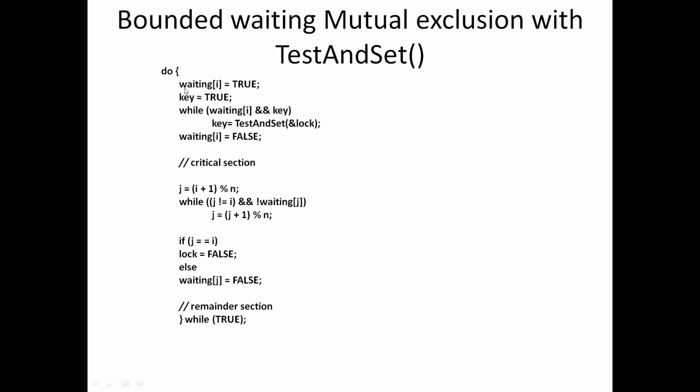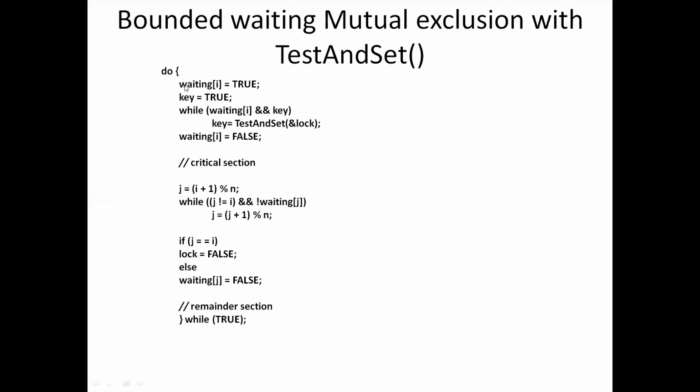In the algorithm, the first statement is waiting of i equals true. Assume that the first process, process 0, wishes to enter into the critical section.